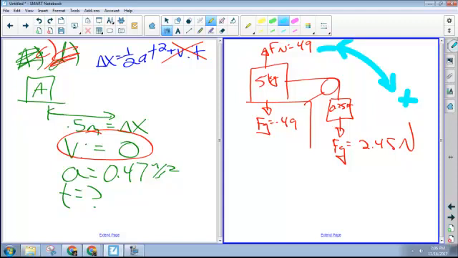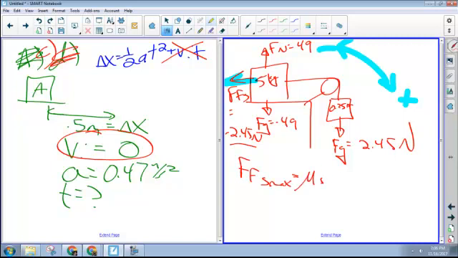What's going to prevent the system from moving? Static friction. So how much static friction do we need? 2.45 newtons, right? So then you know your normal force and your force of friction. F_s max equals coefficient of static friction times normal force. So 2.45 equals coefficient times 49 newtons, and you divide and get 0.05. Is that right?